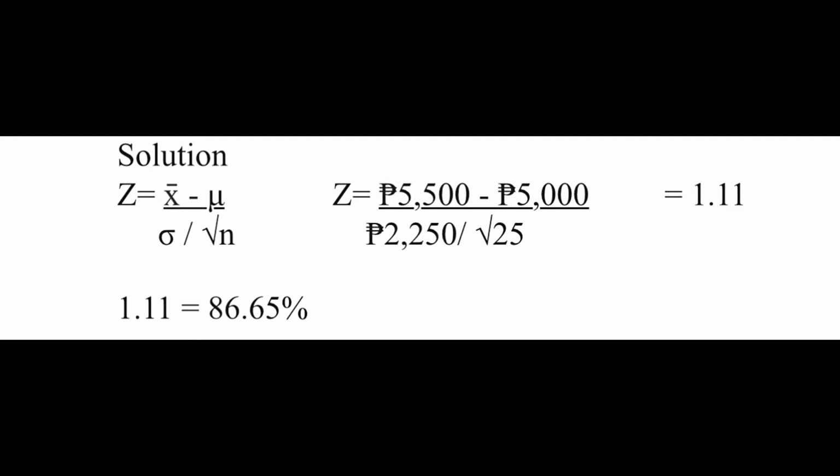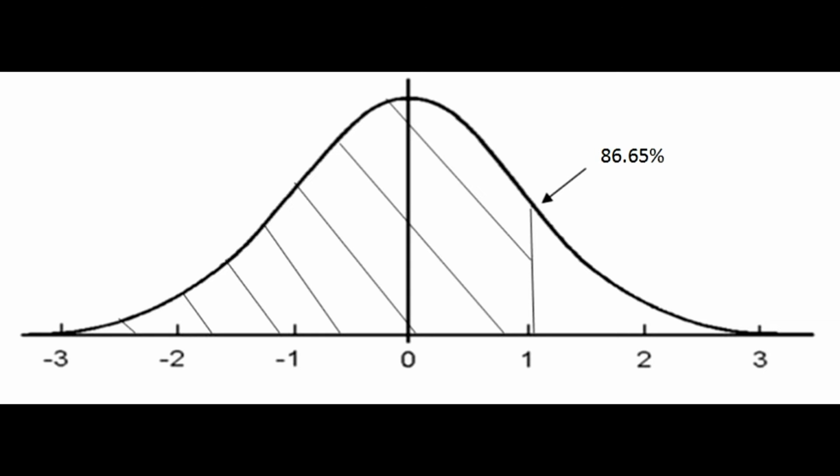From this point on, we will find 1.11 in our z table, and after that we will get the value of 0.8665. But wait, in order to get the percentage, we need to move the decimal 2 places to the right to make it 86.65%. Here is the graph of our problem number 1. So, now you know how we got 86.65.